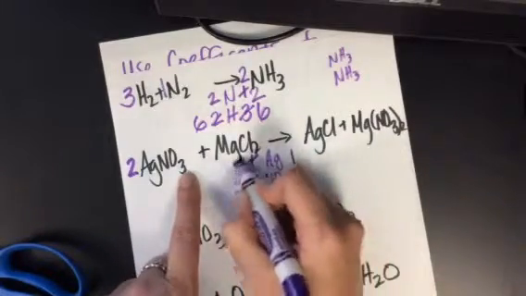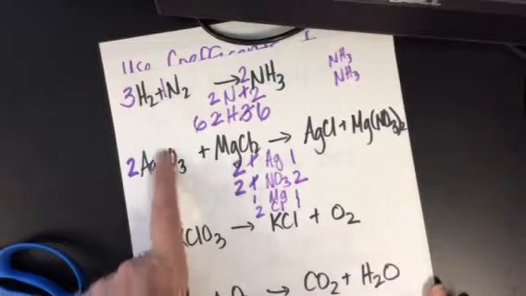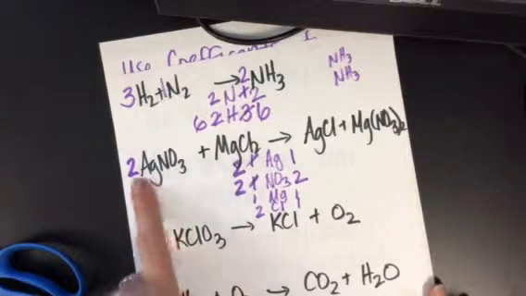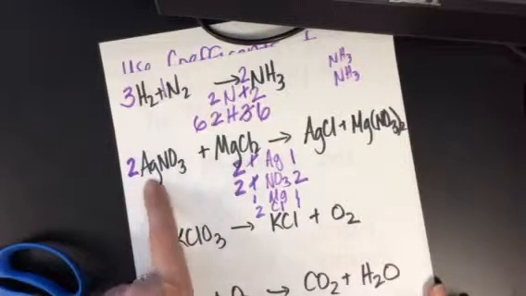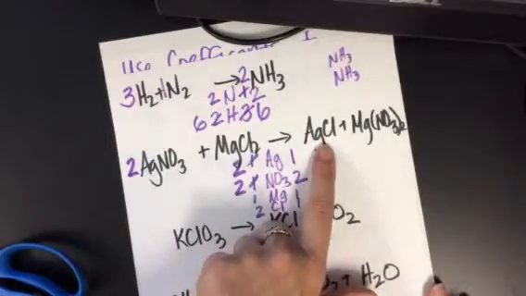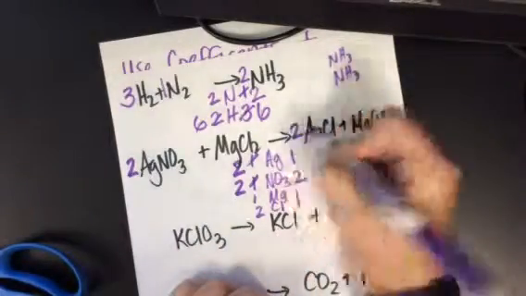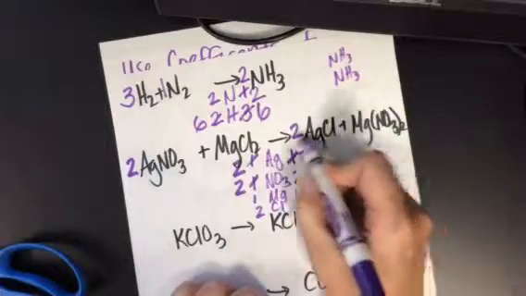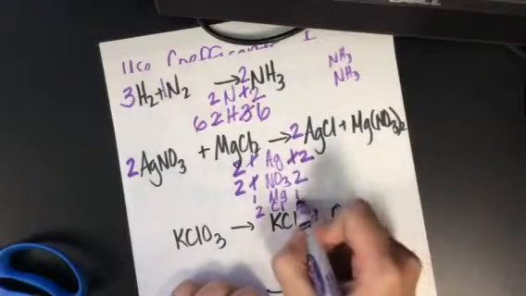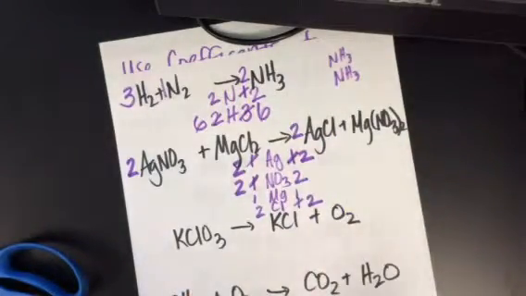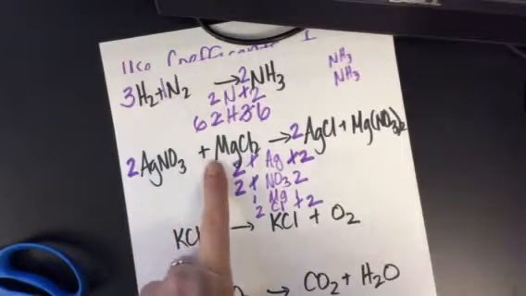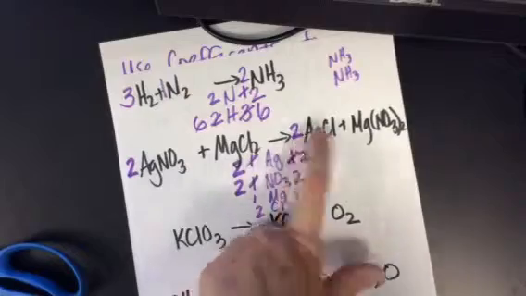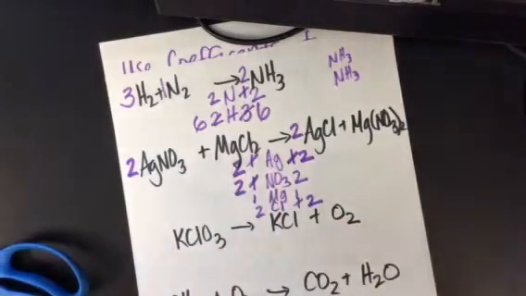But then that also changes my silver to 2, because these are stuck together. So now to fix my silver, I have 2 on this side. I need 2 on this side. 2 times 1 is going to give me the 2 that I need, but then that also changes my chlorines to 2. So with this one, I have a 2, a 1, which we don't need to write, a 2 and a 1 to make a balanced chemical reaction.